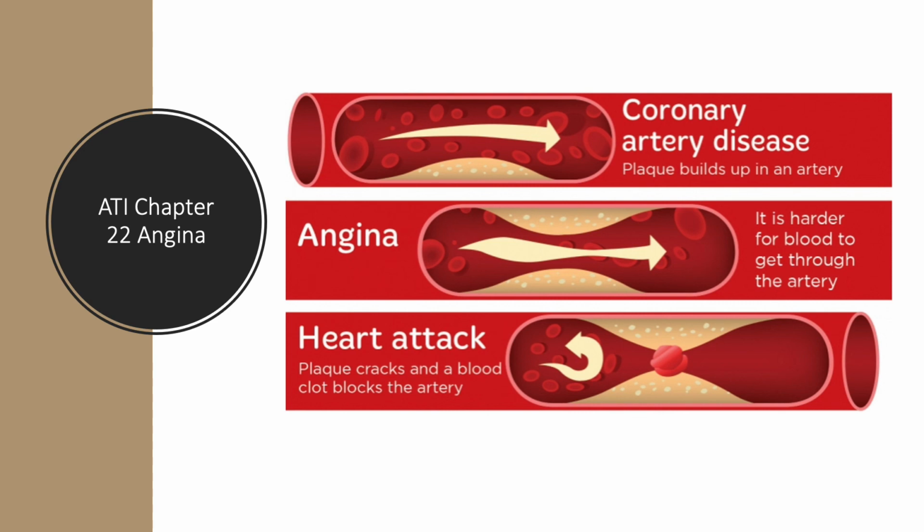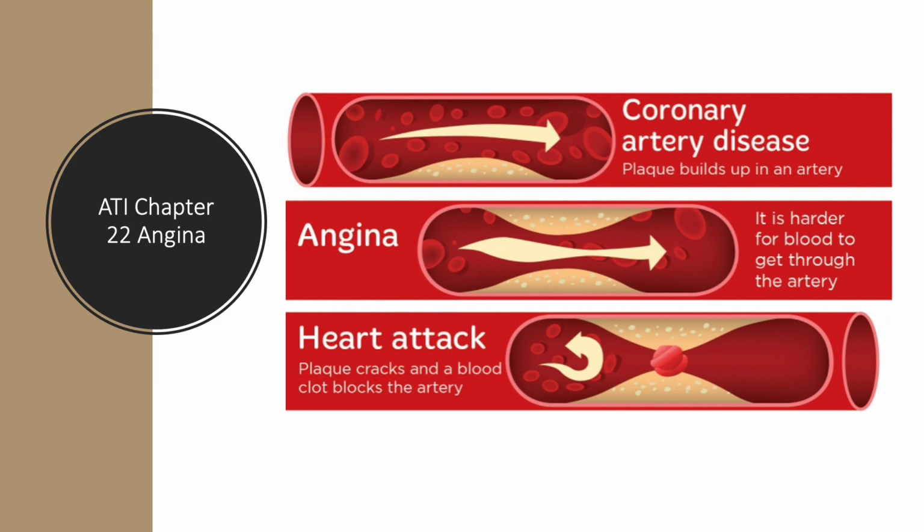Okay. So basically, we're going to be talking about the process of atherosclerosis, right? So atherosclerosis is where you get plaque buildup in your arteries, and the plaques gradually progress over time.